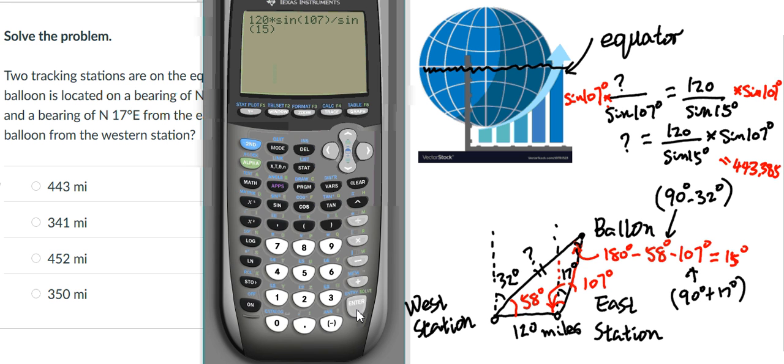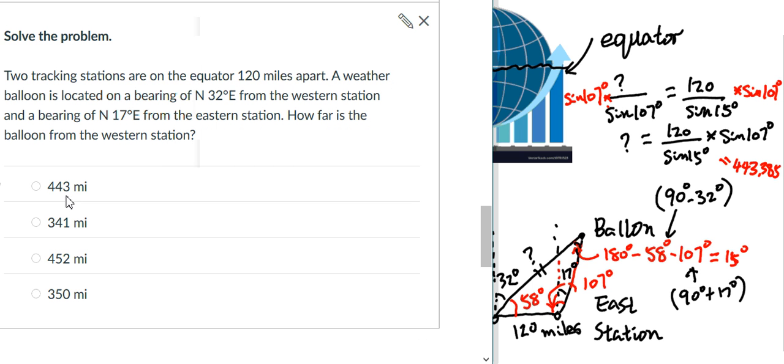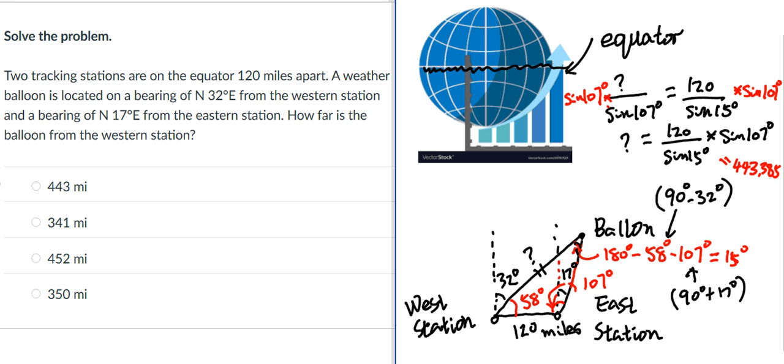You hit enter. You have 443.385 miles. 443.385. You round it up. It should be 443. Okay? I'll see you next time.